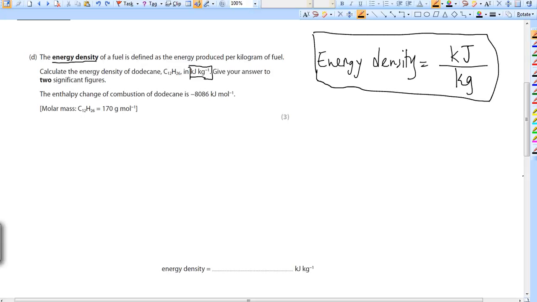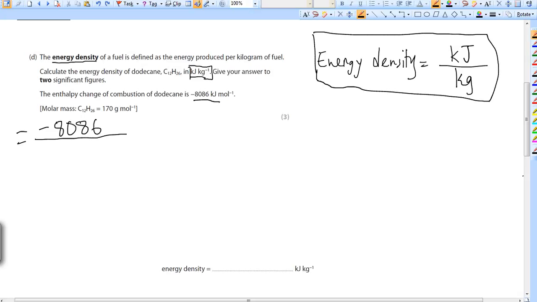So here let us find the energy. Here the energy is this. We straightforwardly use this formula. The energy, first, is in kilojoule, so we first write minus 8086.